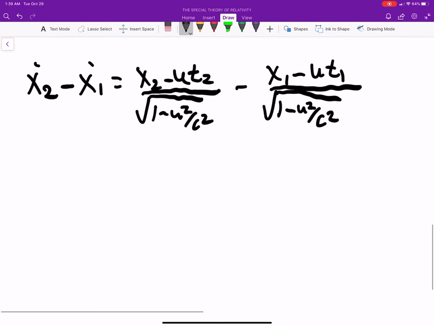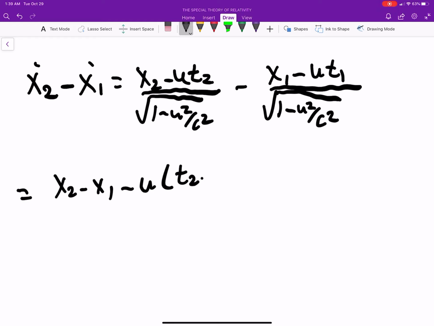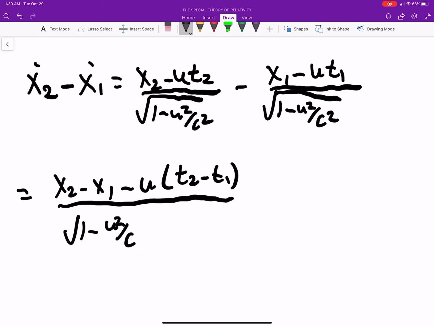Okay, so that's the same thing, just simplifying it as x2 minus x1 minus u times, I'm factoring out the t's, t2 minus t1, all over the square root of 1 minus u squared over c squared. Okay?